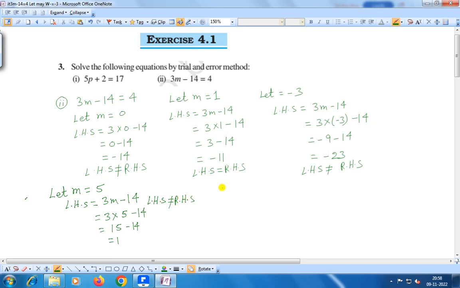Let us take another value. This is also trial and error method. Let m is equal to 6. Now left hand side is equal to 3m minus 14.